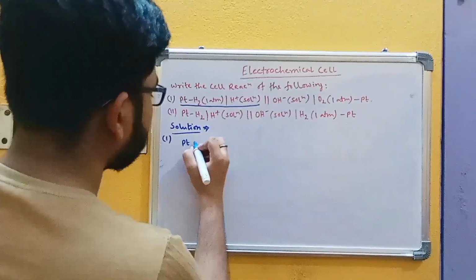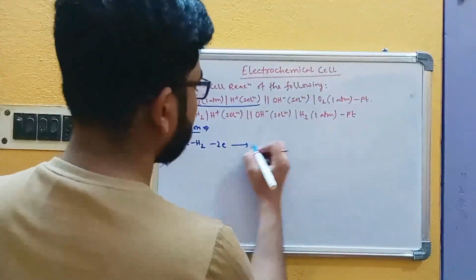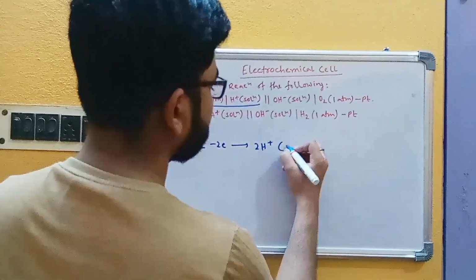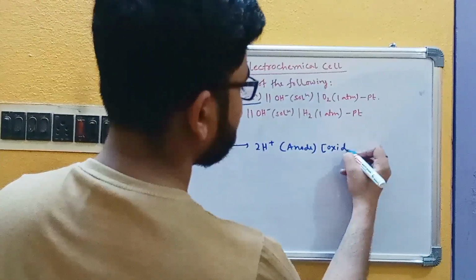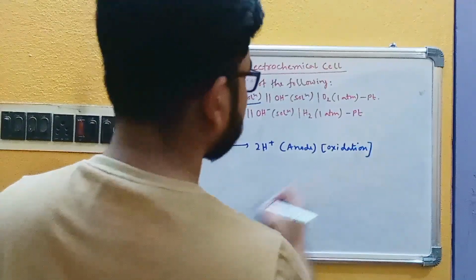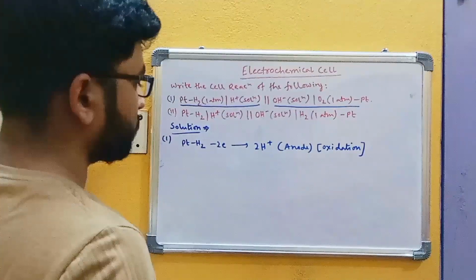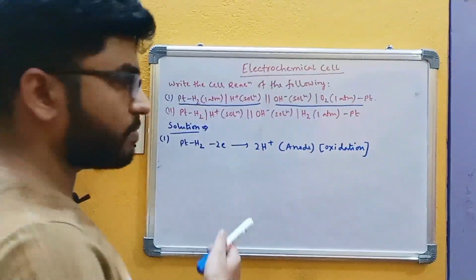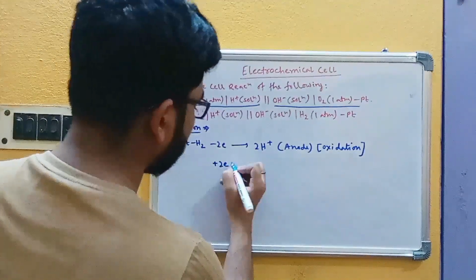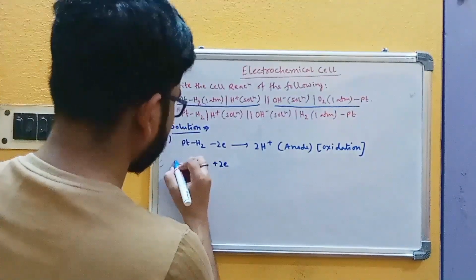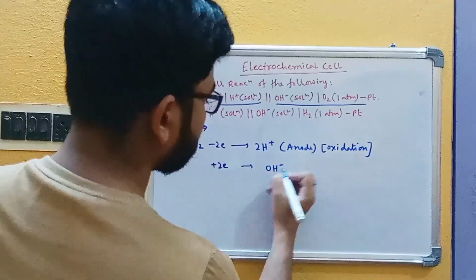So here we write, H2 loses 2 electrons and we get 2H plus, and this is anode, here oxidation takes place, and here it corresponds to reduction. So the other half cell reaction will be reduction, and we simply write 2 electrons here first, then write O2 here, and we get OH minus.